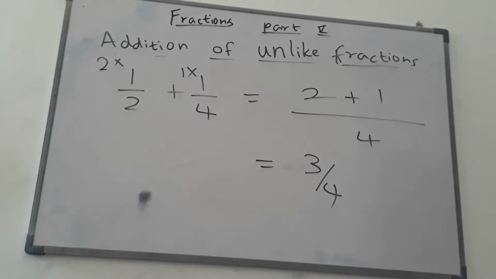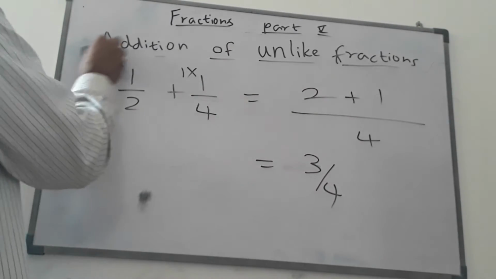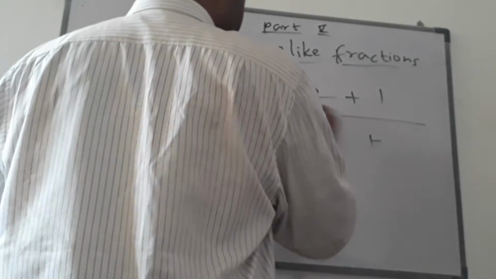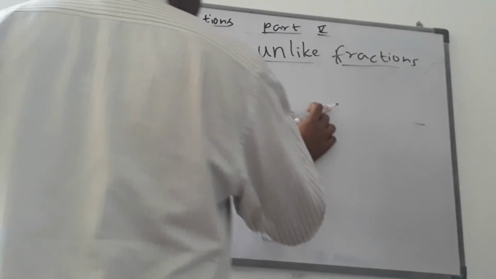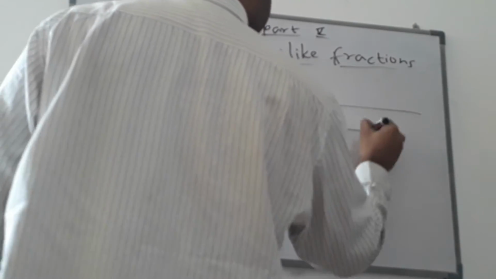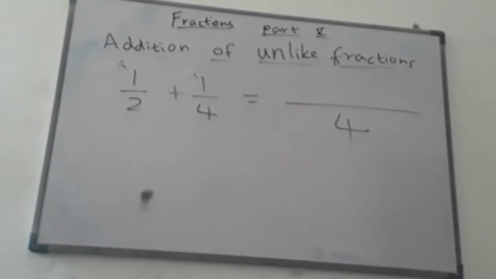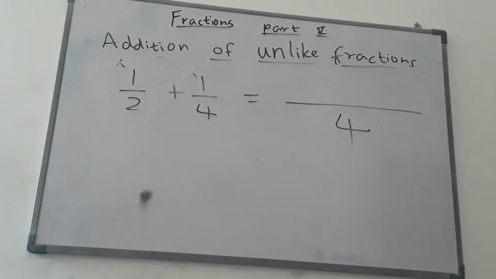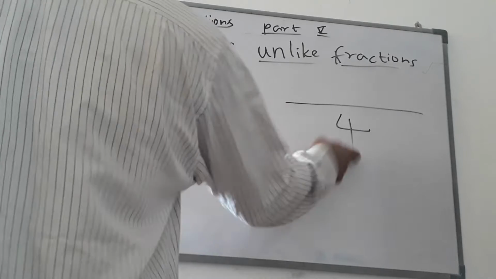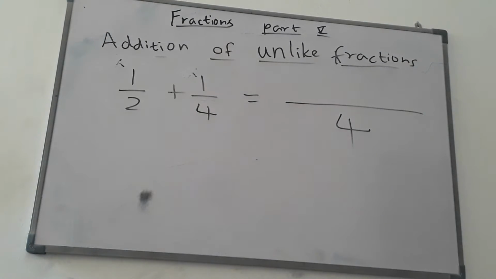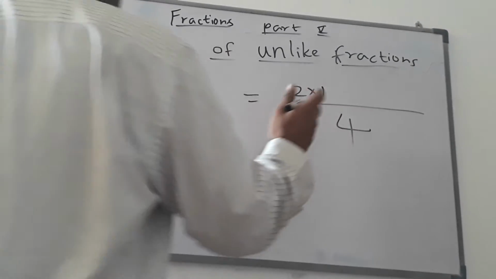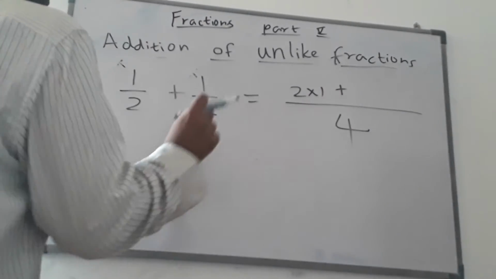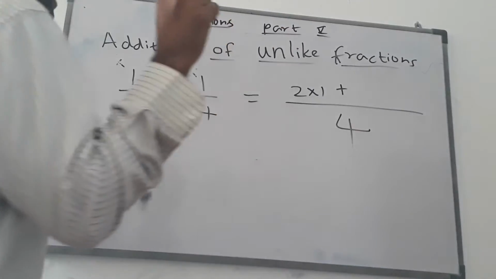Again, half and quarter. The common denominator is 4, because 4 is a multiple of 2. Now we check how many 2's are there in 4. 2 2's. 2 times 1 is 2, plus, how many 4's are there in 4? 1.